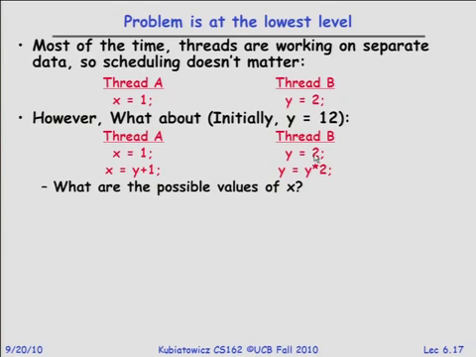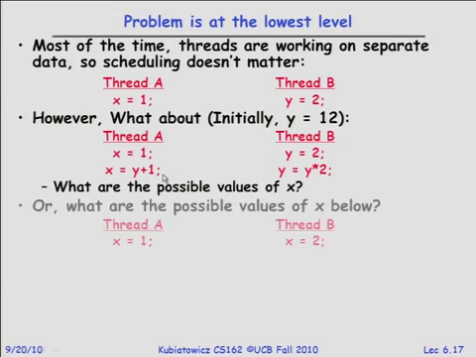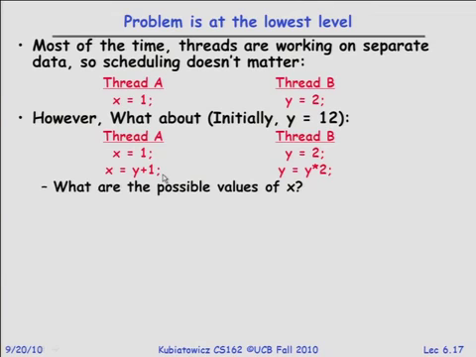Initially y is 12, so x equals 1, and then x equals 13. Then thread B gets to run and nothing happens. Or we start running this one, and then we go over and y equals 2, and then y equals 4, and then we come over here, and then x equals 5, and so on. So you can mentally simulate the different options, and you get basically all of those. Everybody with me?